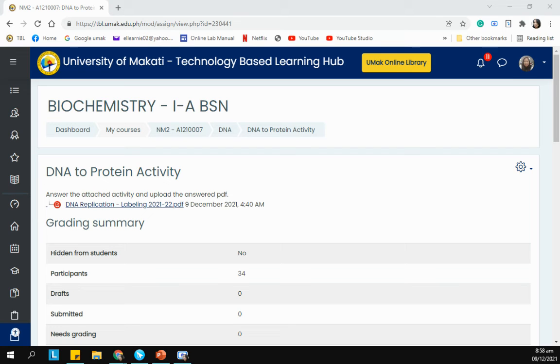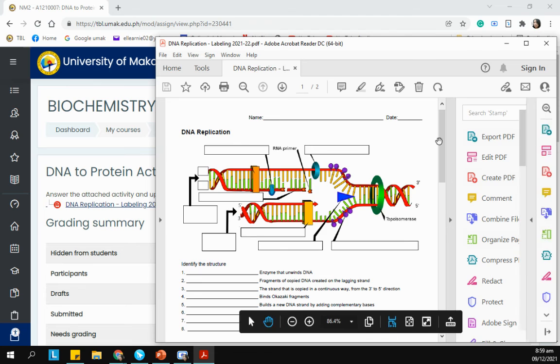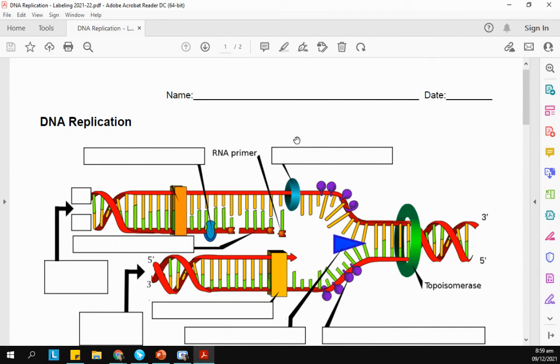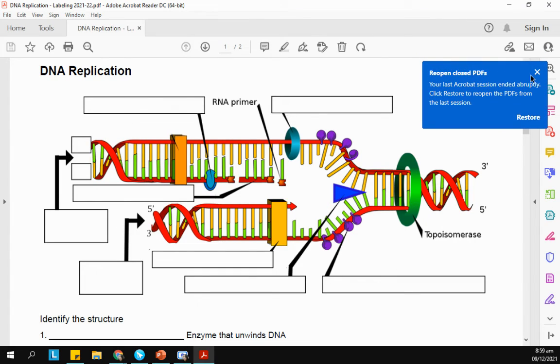Wait lang ha. Okay. So, here, please do not forget to write your name and the date you finish this. Now, take note is that you will be needing to fill up the necessary parts here. So, anong pangalan nito? Anong pangalan nito? Okay? So, ito na yung given. So, ito po ay summary. Sinama ko siya.